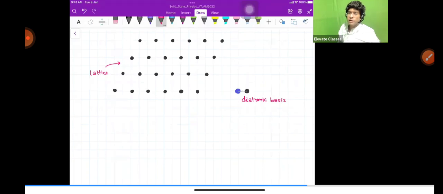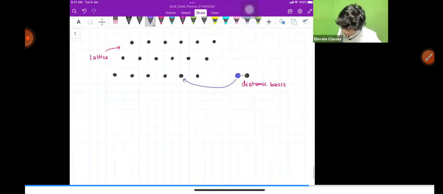I take this whole structure and place it on the lattice points. I take the blue atom, the black is attached to it, and I place it on the lattice points.